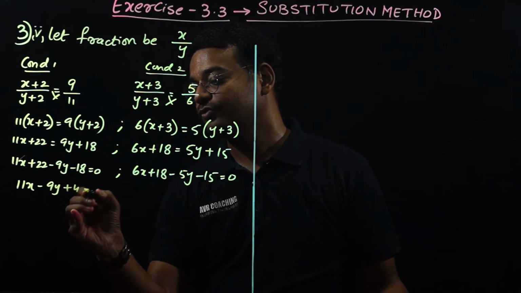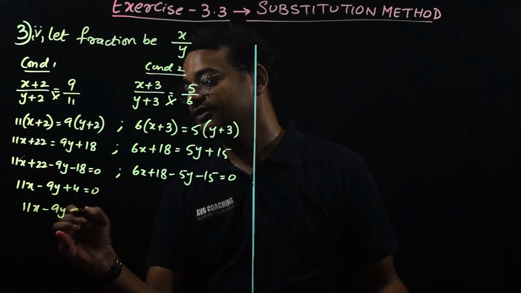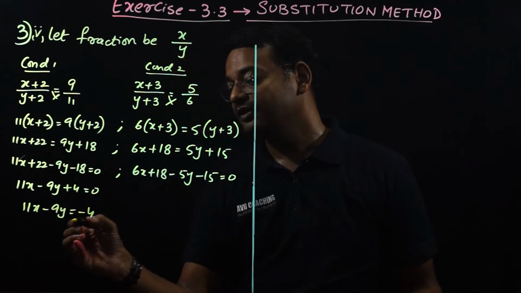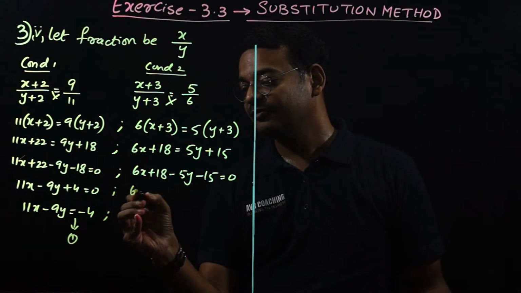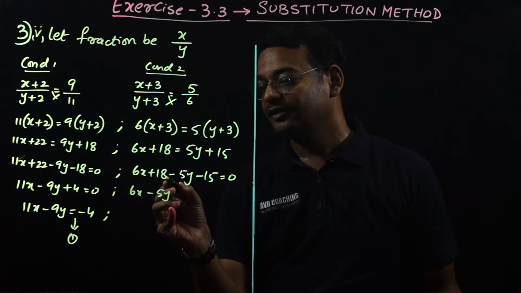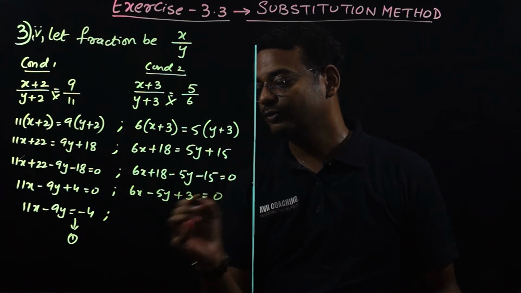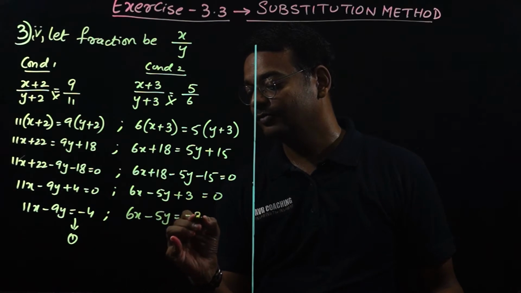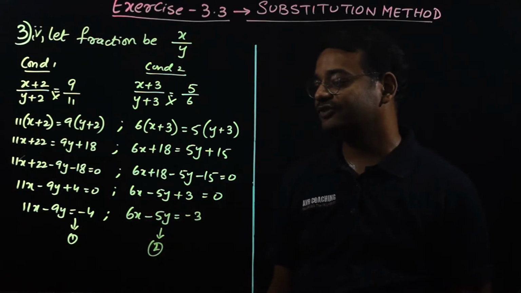So 11x minus 9y is equal to minus 4. This will be equation 1. Now 6x stays as it is, minus 5y, and 18 minus 15 is plus 3 is equal to 0. So this will be 6x minus 5y is equal to minus 3. This is equation 2.